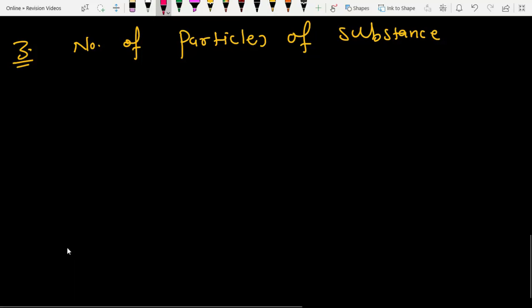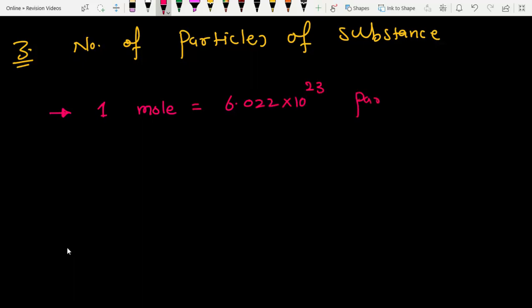As you might have studied in previous classes, 1 mole is equal to 6.022 into 10 to the power 23 particles of any substance you can think of.